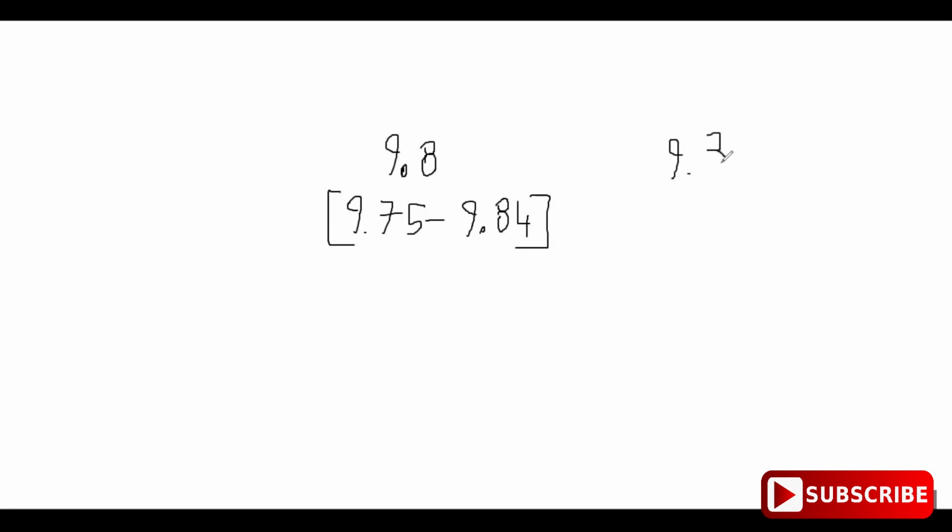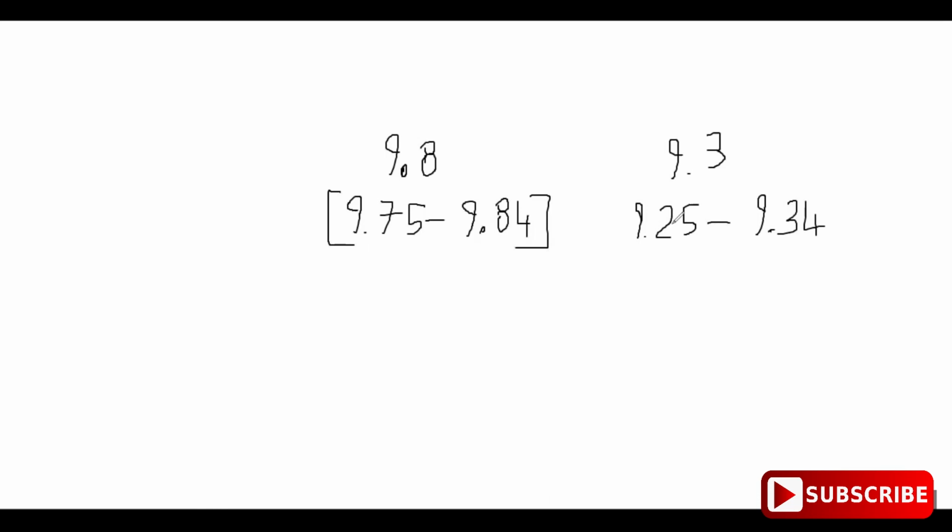9.3 now can be anywhere between what region? 9.25 and 9.34. Very good. So to find the upper bound, we can work out 9.84 minus 9.25, that is going to give you the maximum bound.